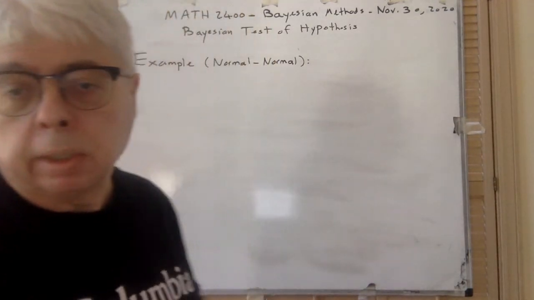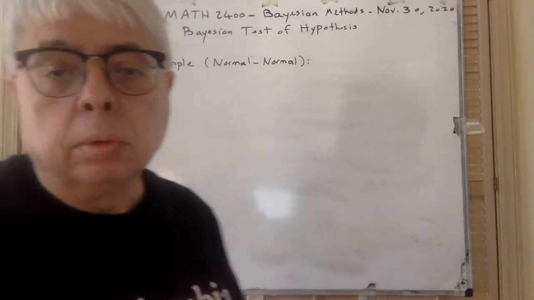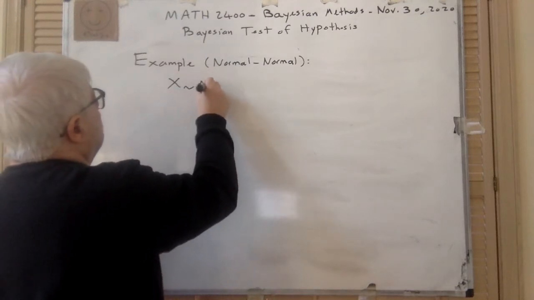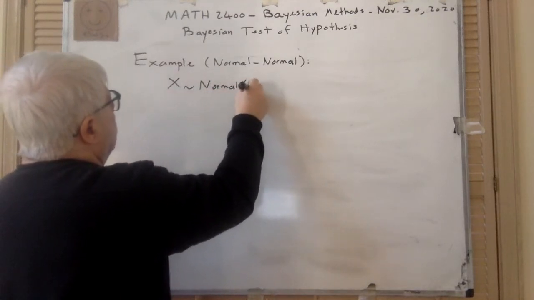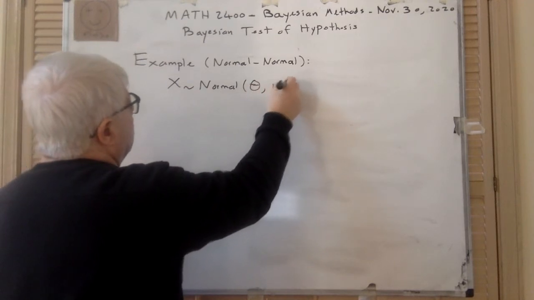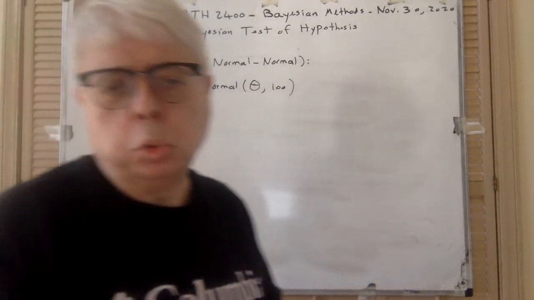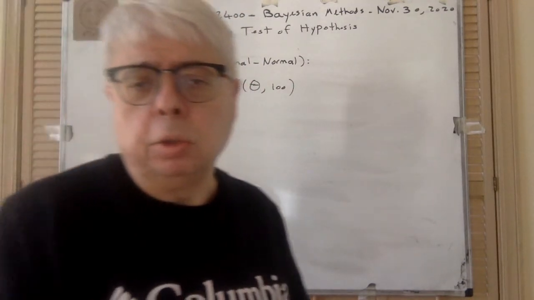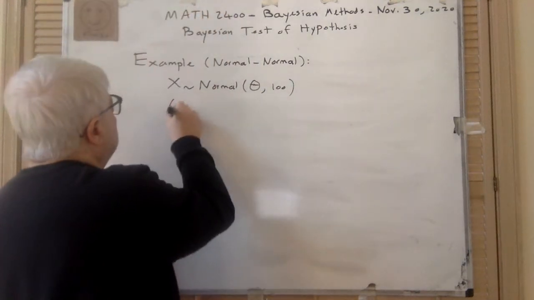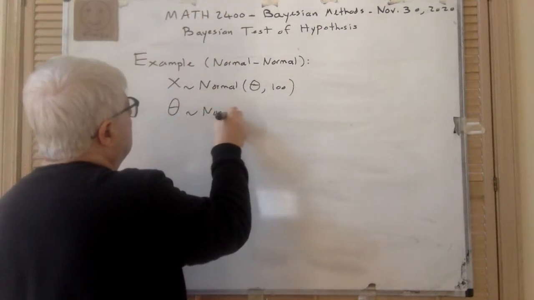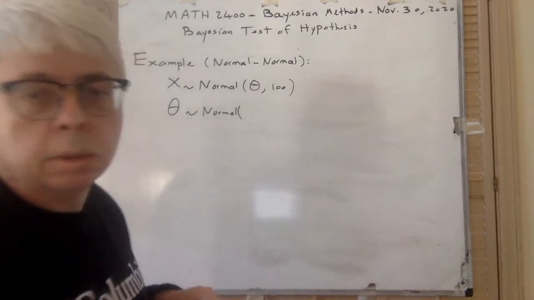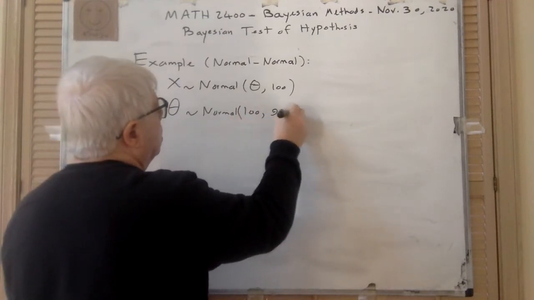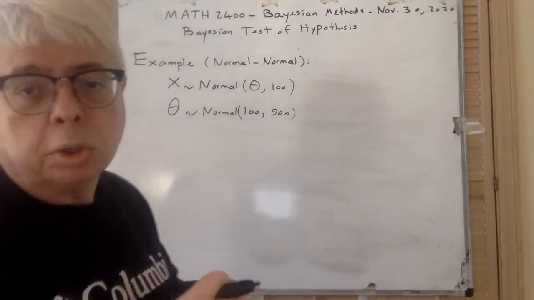Let's say x is normal with theta and 100. Usually you choose a square number for sigma squared. And let's say theta itself is normal, and I chose 100 and 900.